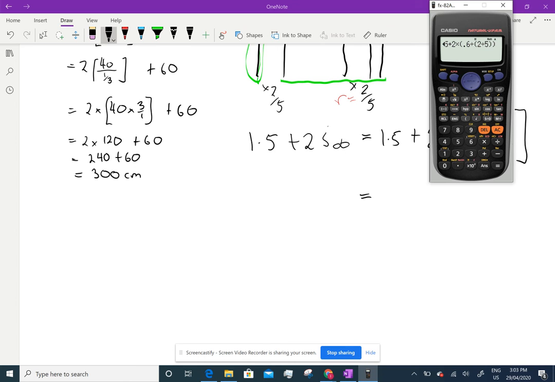Do I need another bracket? I think I do. Probably had too many. Let's delete one of them. 4.5 and 3.5. What have I got?